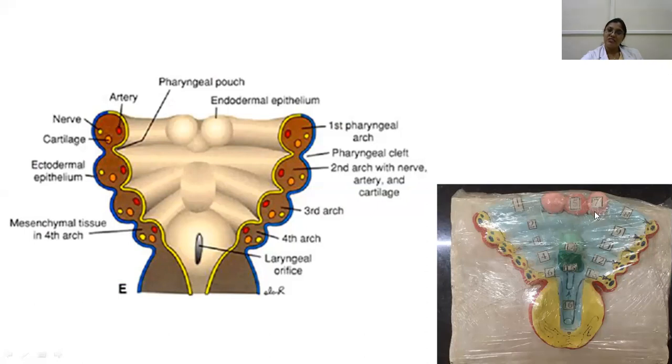You can see these elevations, which are the lingual swellings, which will form part of the tongue. Then here you can see the copula and the hypobranchial eminence. They'll ask what these three dots represent. You've got a cartilage, the skeletal element, and you've got the artery and the nerve. Nerve is not coming from the mesenchyme, rather from the adjacent neural tube. So again, which arch, what are the derivatives, like that.